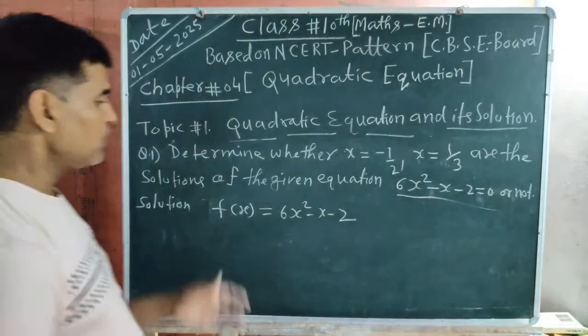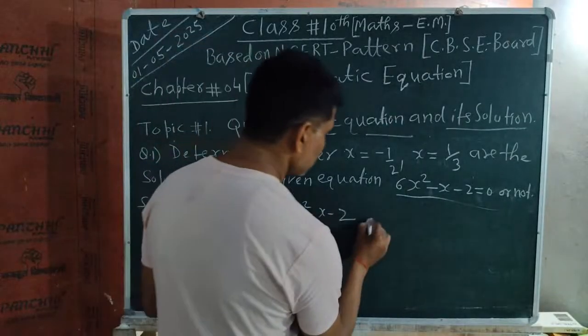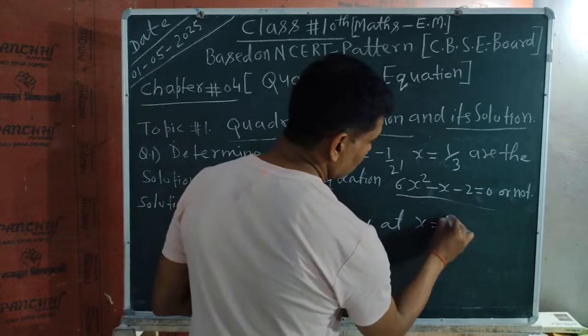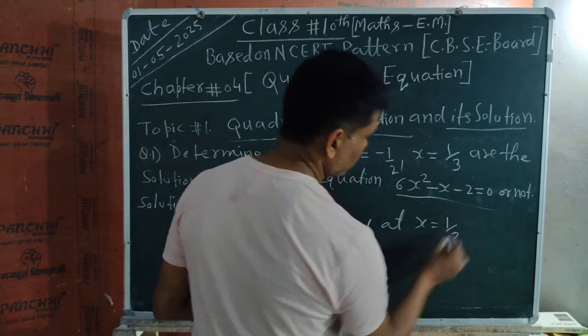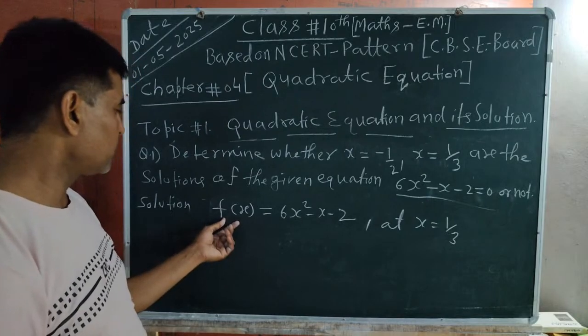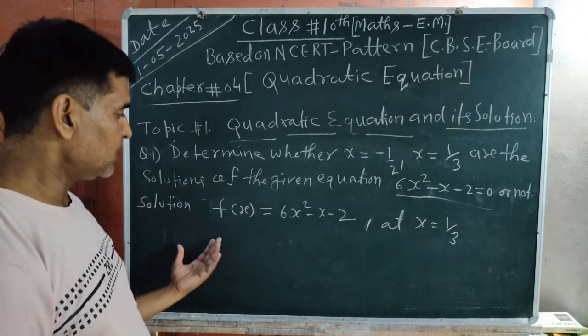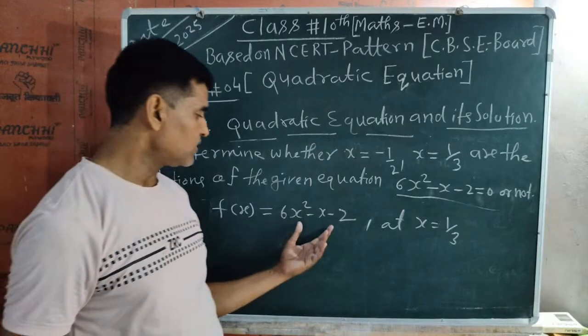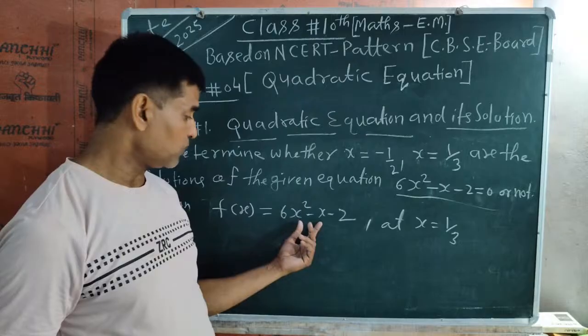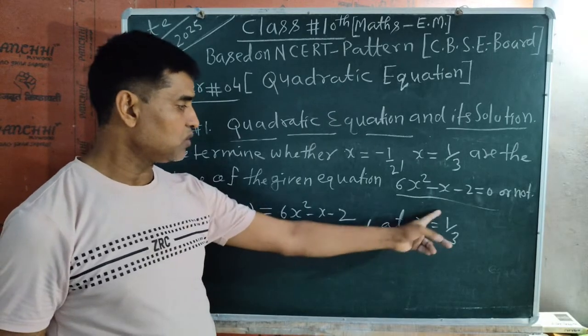Now I will check its value at x is equal to 1 by 3. I will take the value of f of 1 by 3 on the left hand side, and also I will calculate the value of the given quadratic polynomial at x is equal to 1 by 3.